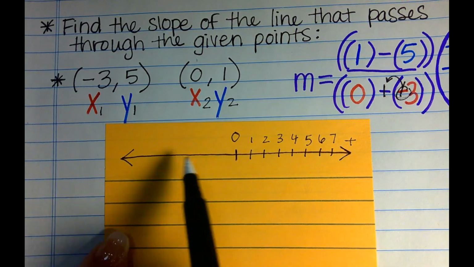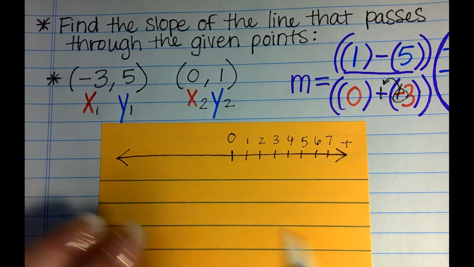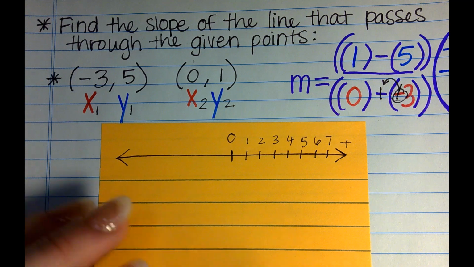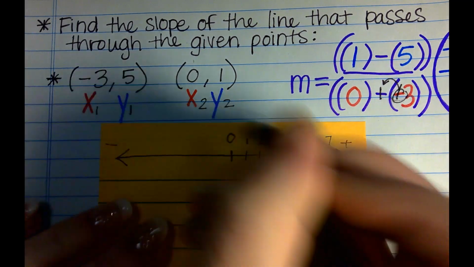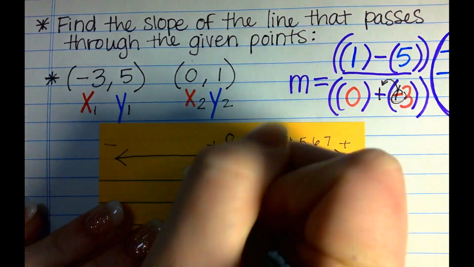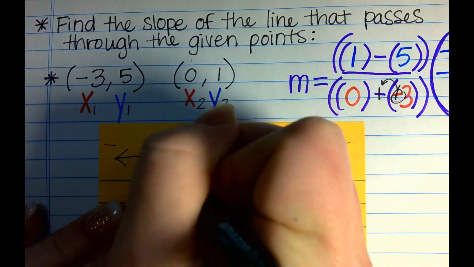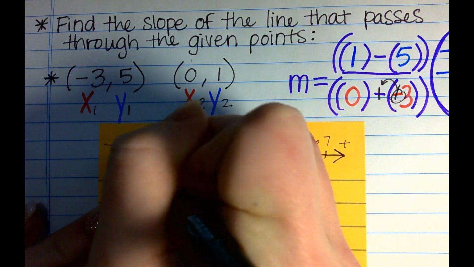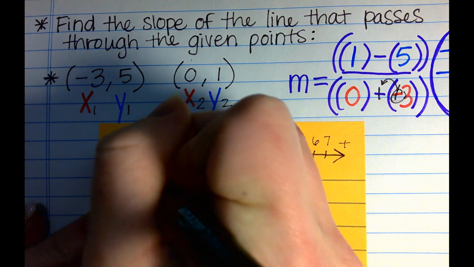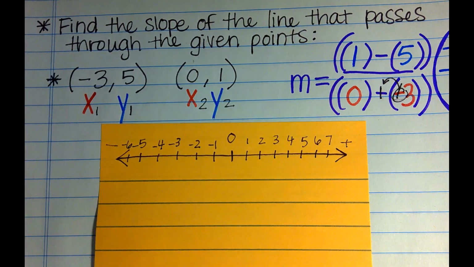Now on the other side of 0, what kind of numbers do we have there? Negative numbers. Okay, so -1, -2, -3, -4, -5, -6, we could keep going.